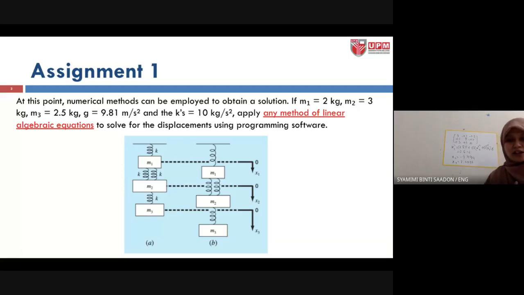So we can solve this mechanical problem, the spring mass problem, by using linear algebraic equations. So I give you the freedom to choose whether you want to use the Gauss-Seidel or Jacobi method to program this type of algebraic equation, to get the solution S1, S2, S3.